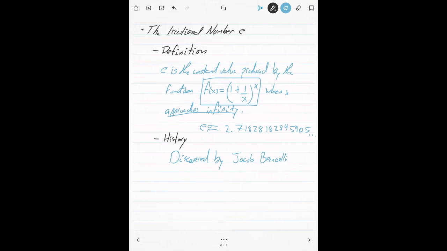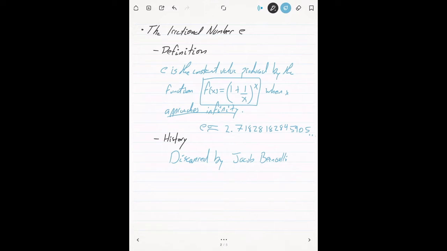Unlike the ancient Greeks who discovered irrational numbers by studying geometry and shapes, it seems almost like fate that Bernoulli was discovering this by studying something called compound interest. Compound interest is how money is accumulated by gaining interest.